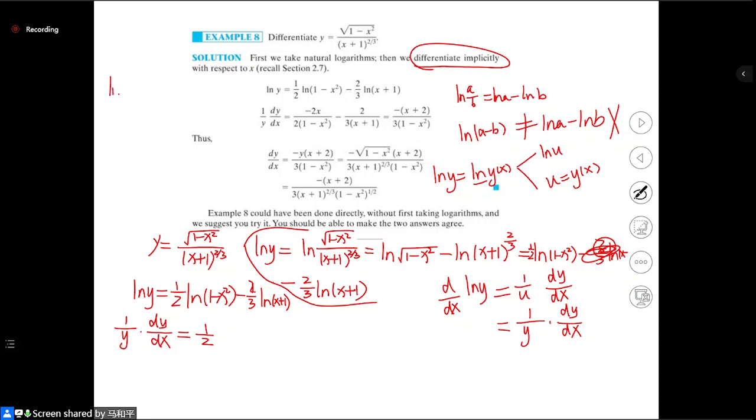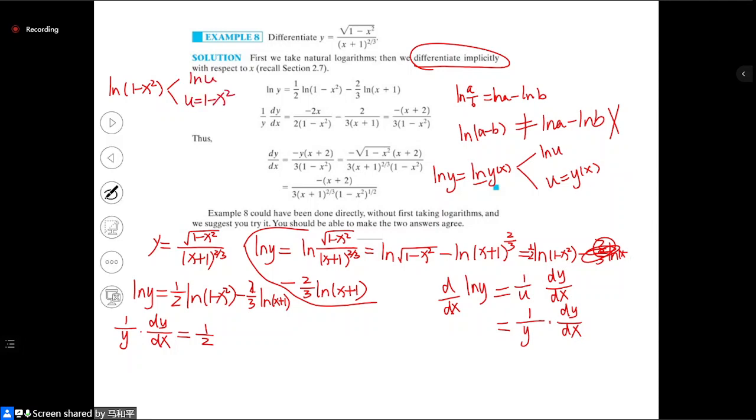For ln(1 minus x squared), we decompose it as ln u, where u is 1 minus x squared. The derivative of the outer function is 1 over u, times the derivative of the inner function, d/dx of (1 minus x squared), which is minus 2x.